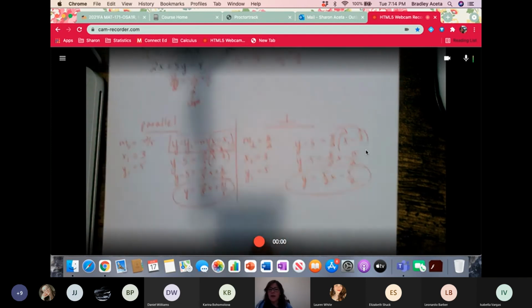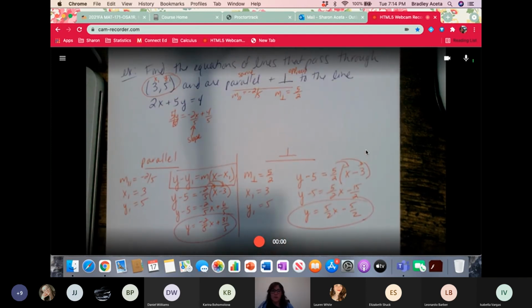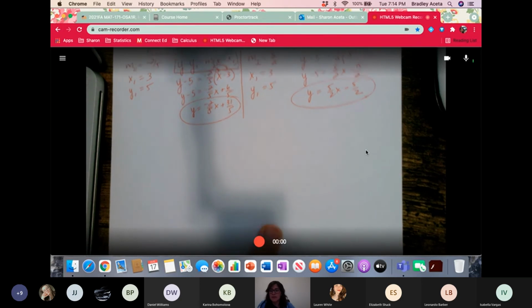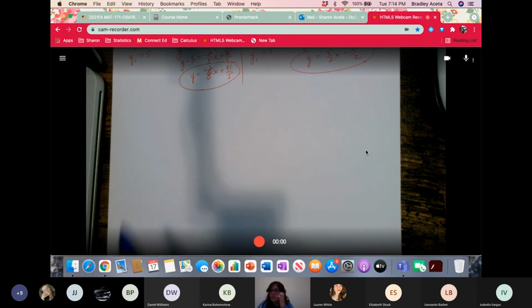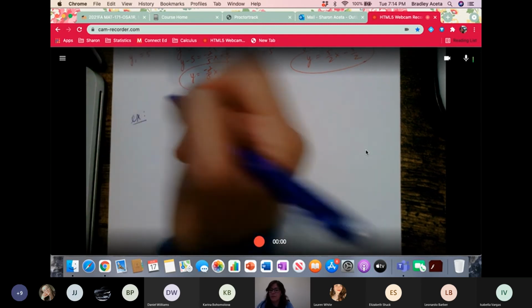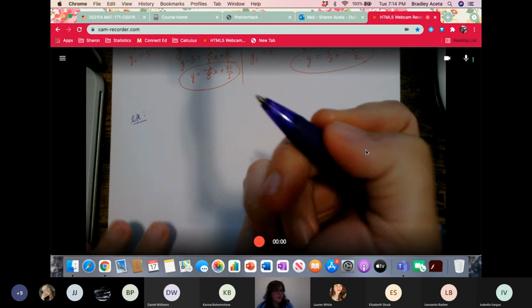So there's how you would write parallel and perpendicular equations to lines. Now, there's one more tricky question they're going to ask you on this section's homework. Kind of similar to this. And it's just using some words that you hopefully have heard of and seen before. So let me write this out for you.